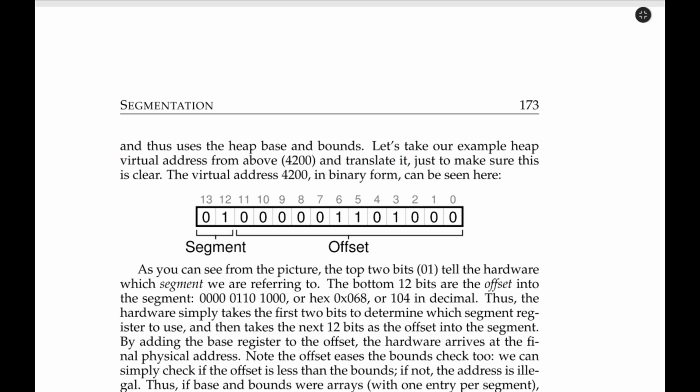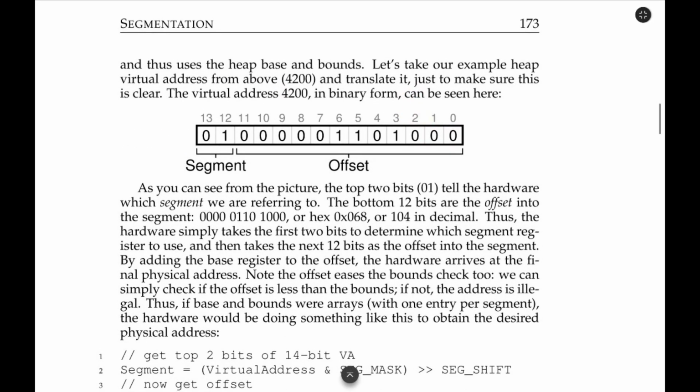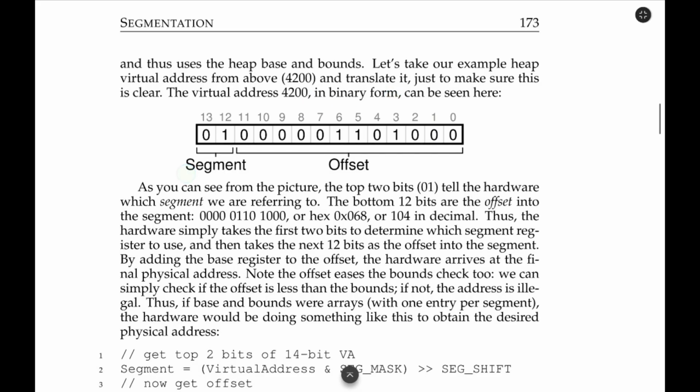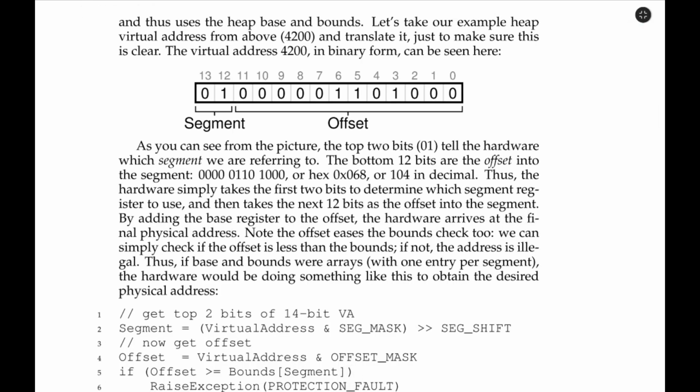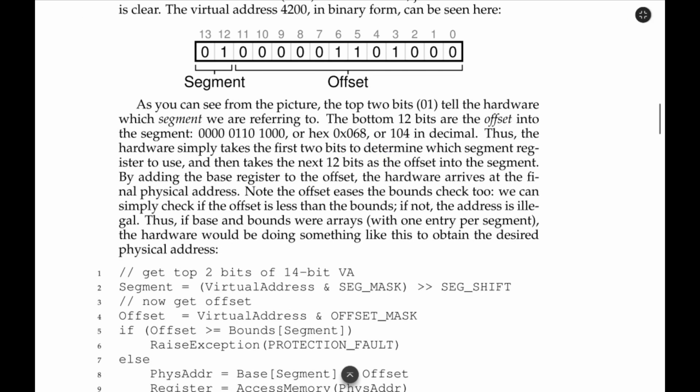Let's take our example heap virtual address from above, 4,200, and translate it just to make sure this is clear. The virtual address 4,200 in binary form can be seen here, with the segment and offset. As you can see from the picture, the top 2 bits tell the hardware which segment we are referring to.